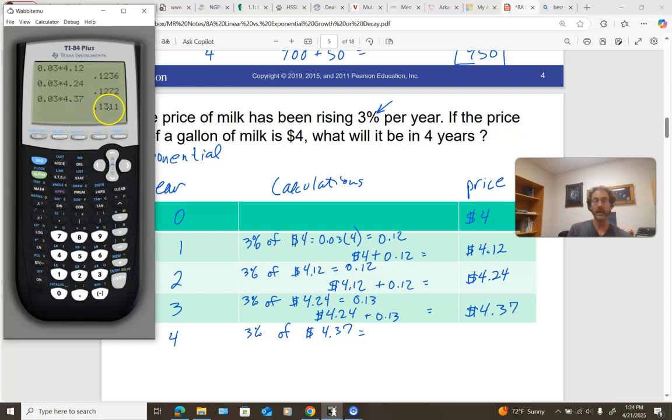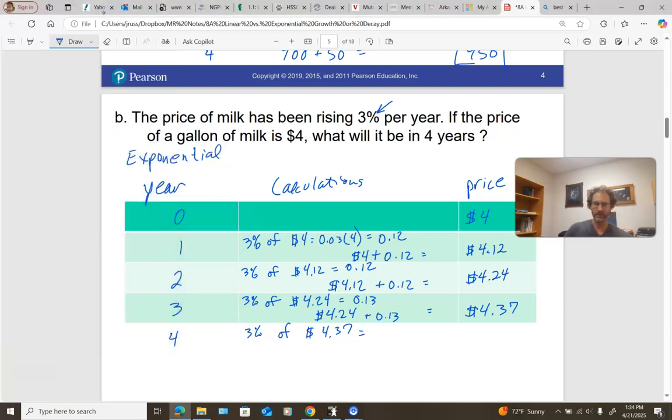And I get, now this is 13 cents and a little bit extra. Okay, so it has increased even more. But it's still closer to about 13 cents. And so the final price after 4 years is going to be $4.50. And so that's your answer.